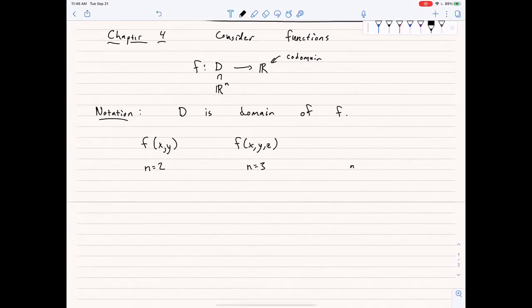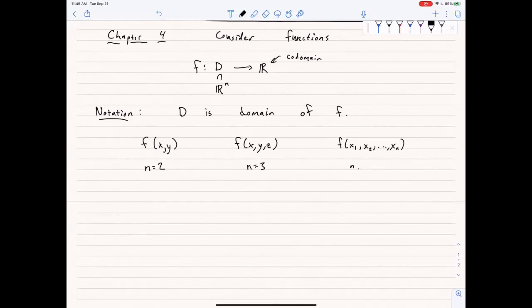And then if we just have general n, we're sort of at the end of the alphabet, so we'll just number the variables x1, x2, up to xn. It's a common thing to do. So this is just notation for writing down functions and dealing with them.